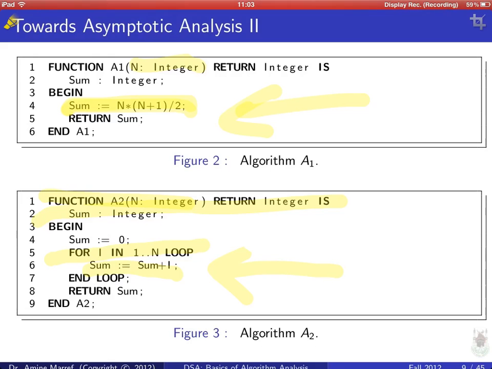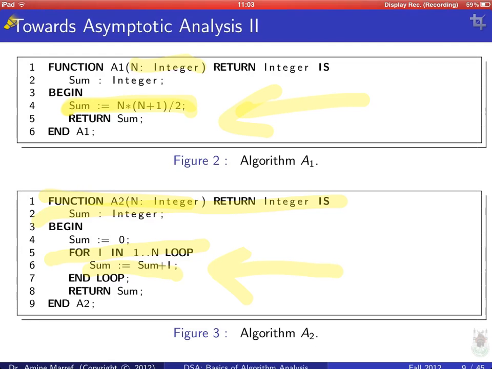Now, can somebody tell me what is beta 1 in algorithm A1? Beta 1. A constant. Yeah, the constant. How do we visualize the constant here?